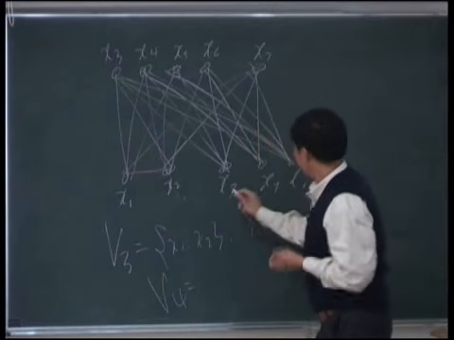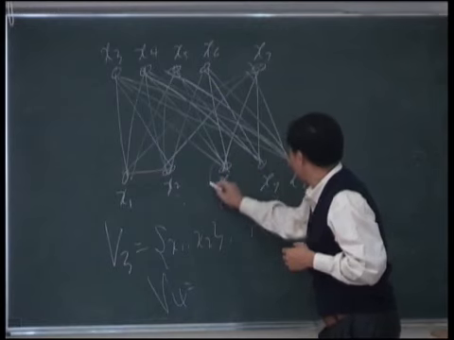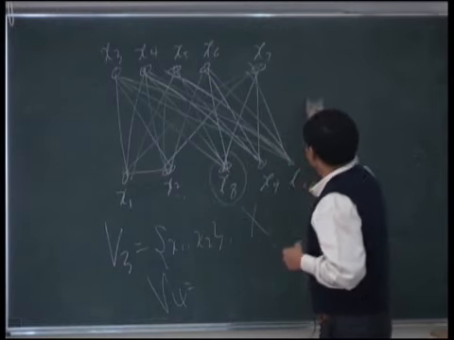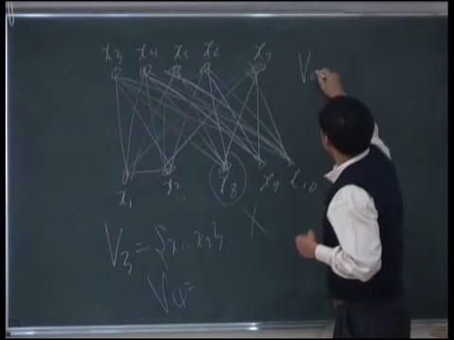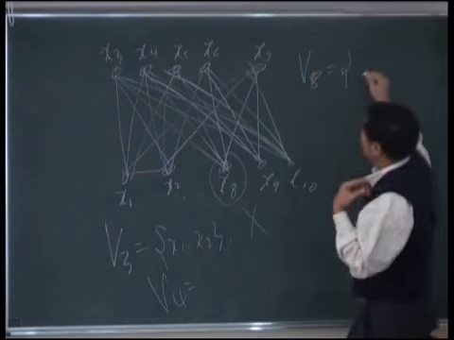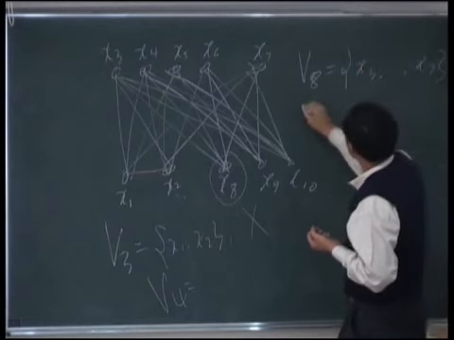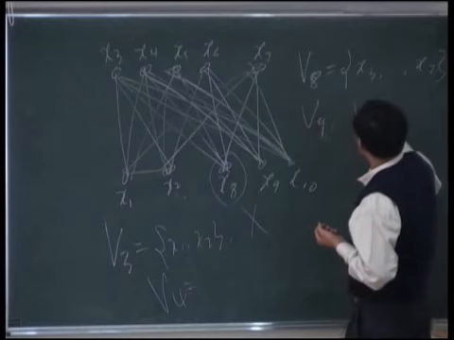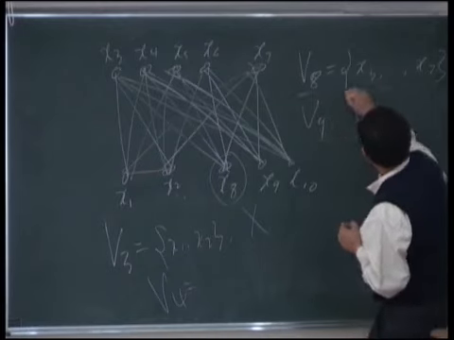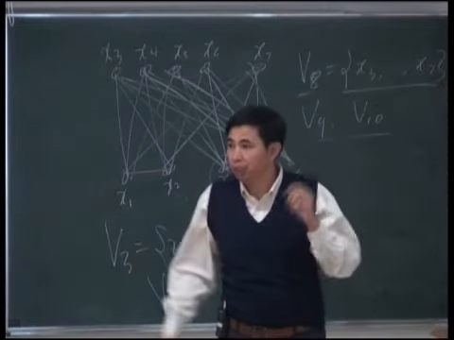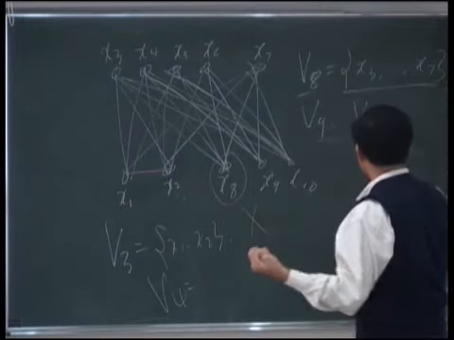Now I consider the others. V8, V9 and V10 are the vertices S3 up to S7, and they are all the same. They have these vertices S3, S4, S5, S6 and S7.